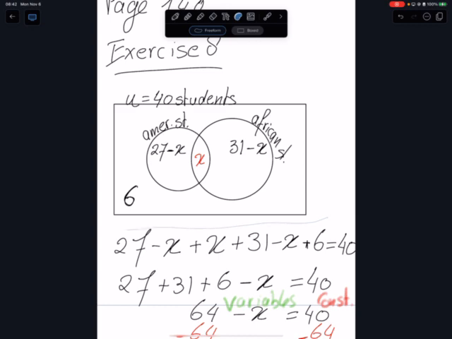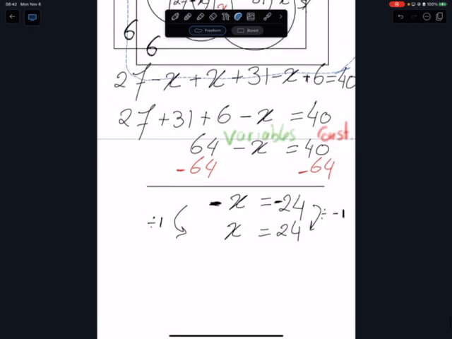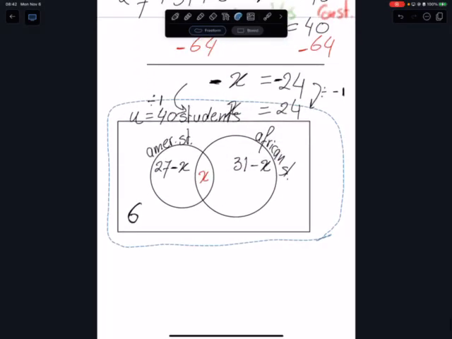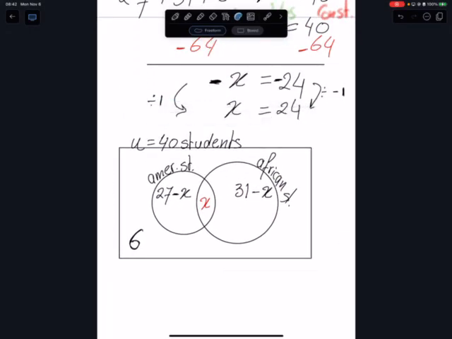So if you recreate your Venn diagram, you can adjust it and answer the questions accordingly.